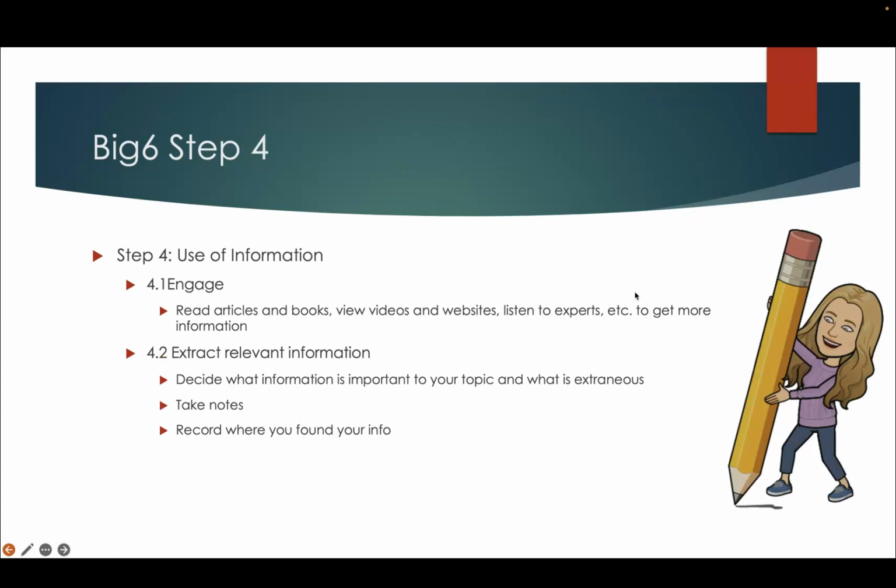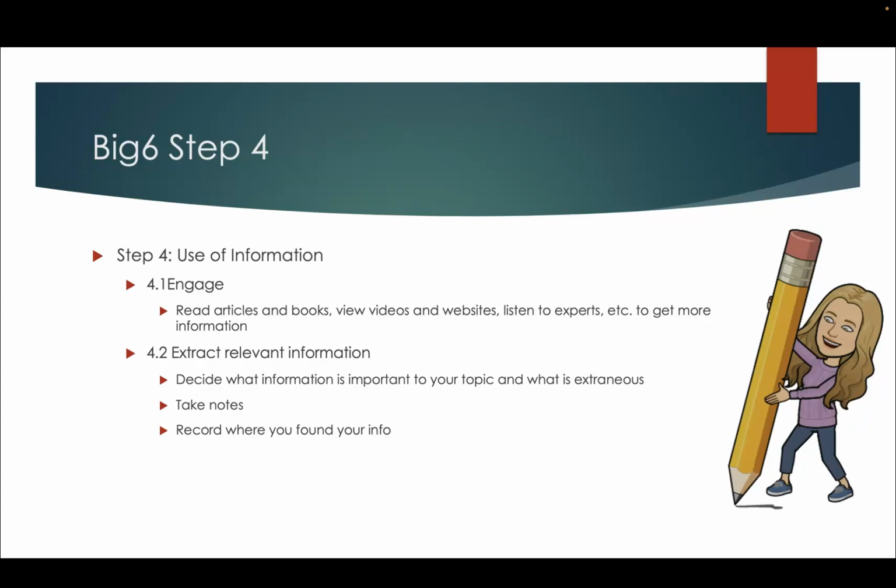On to Big 6 Step 4, which is use of information. This is where you are going to actually engage with the information. You're doing the reading, you're viewing the videos, you're accessing the websites, you're listening to a podcast of an expert. You're basically gathering the information.